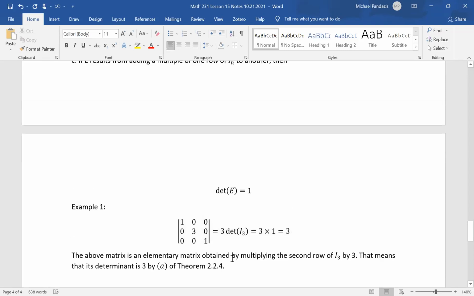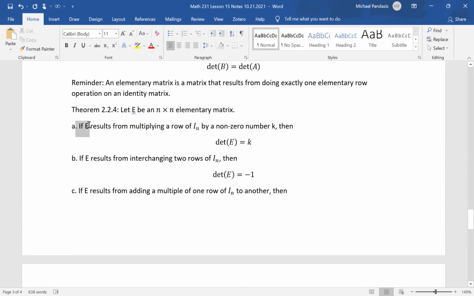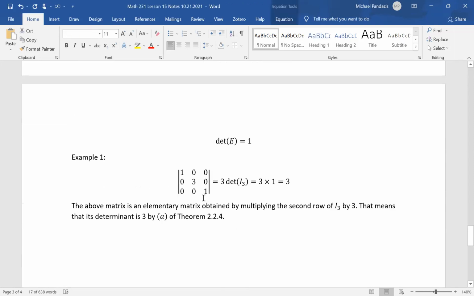So by part A of theorem 2.2.4, it says let E be an elementary n by n matrix. If E results from multiplying a row of I sub n by a non-zero number k, then the determinant of E is equal to k. So here, this matrix is an elementary matrix, so it's a matrix E in that theorem, and it's attained by multiplying the second row of I sub 3 by 3. So that means its determinant must be equal to 3.